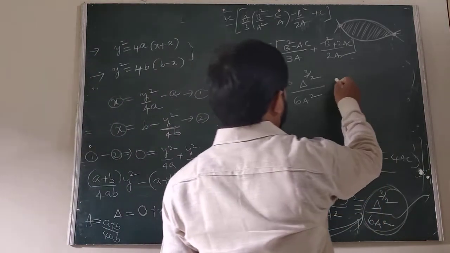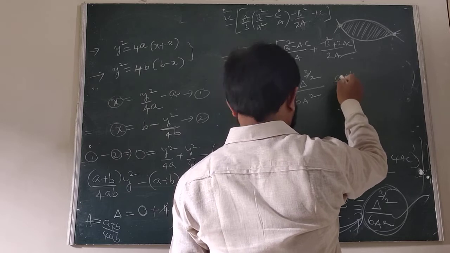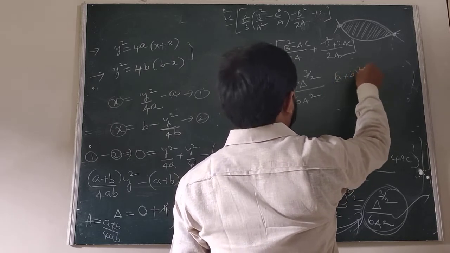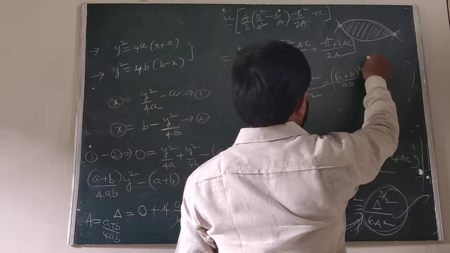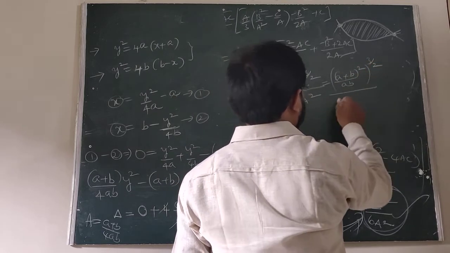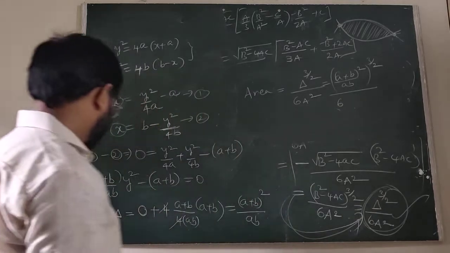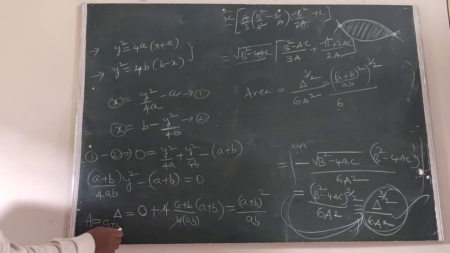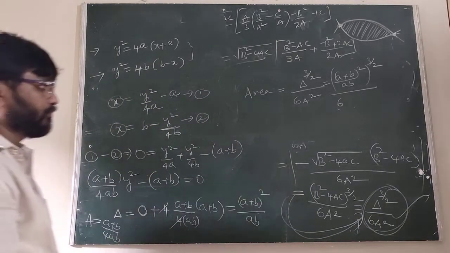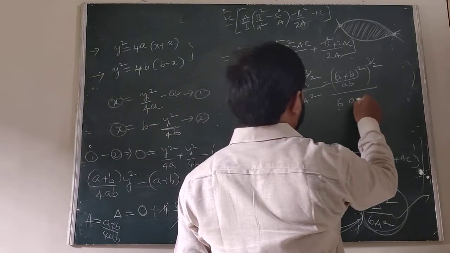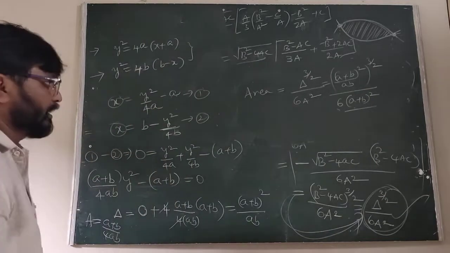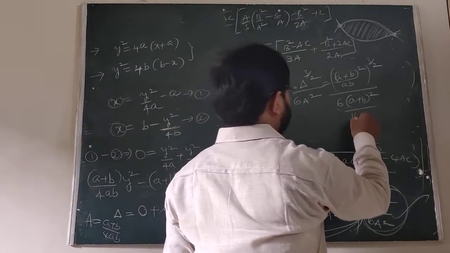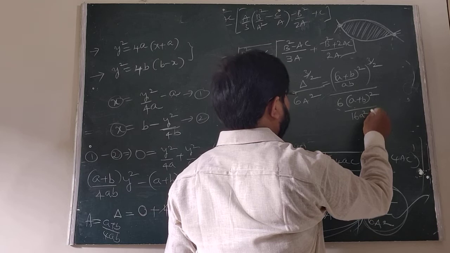All of you listen, a plus b whole square by ab whole power 3 by 2 upon 6 into a square, which is a plus b whole square by 16 a square b square.